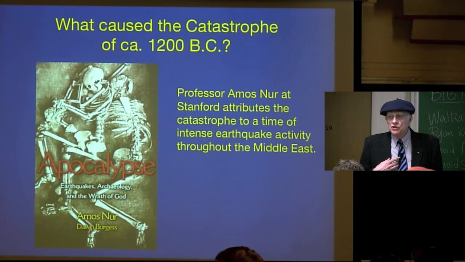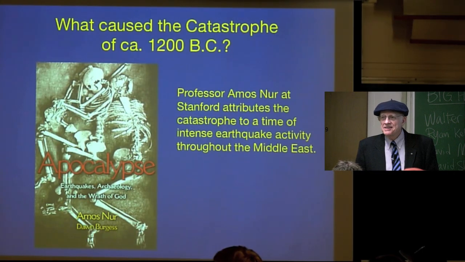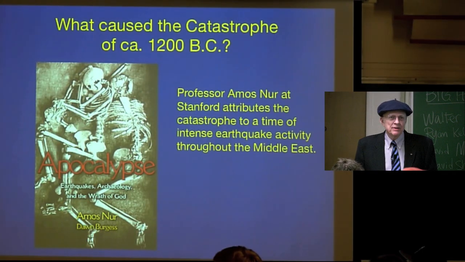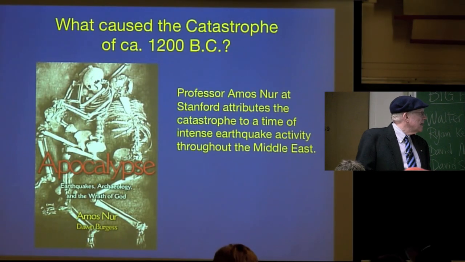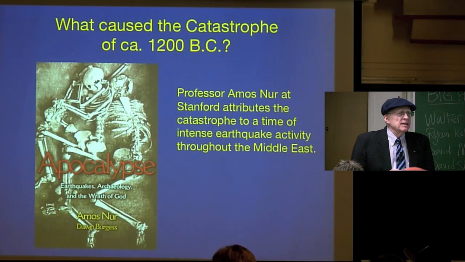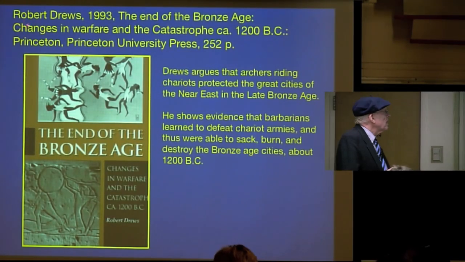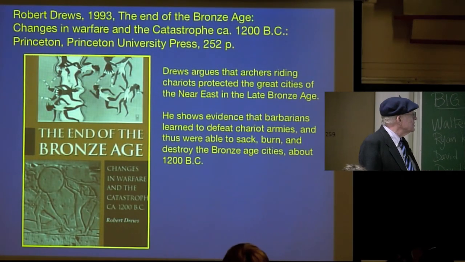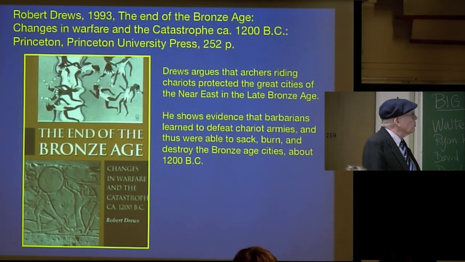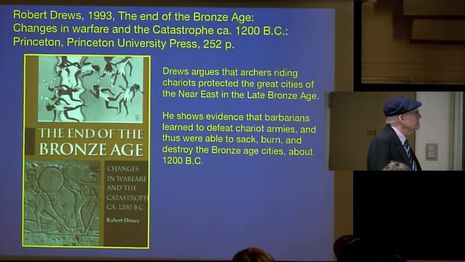Now, I'm a geologist, so I probably ought to like this explanation best because it has to do with earth processes. But I have to confess that I'm more persuaded by the other hypothesis, which is due to Robert Drews, who's a historian who wrote a book called The End of the Bronze Age: Changes in Warfare and the Catastrophe of about 1200 BC.